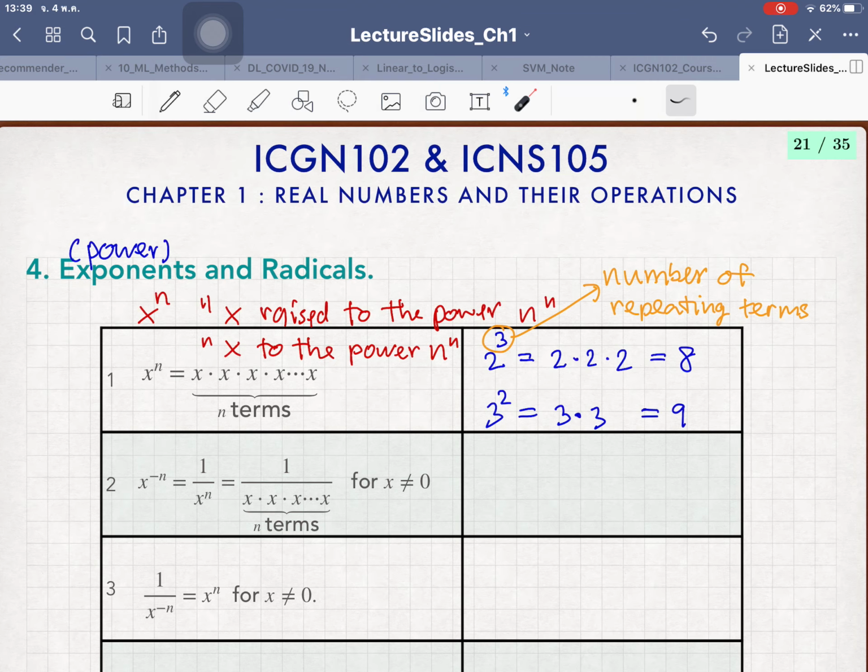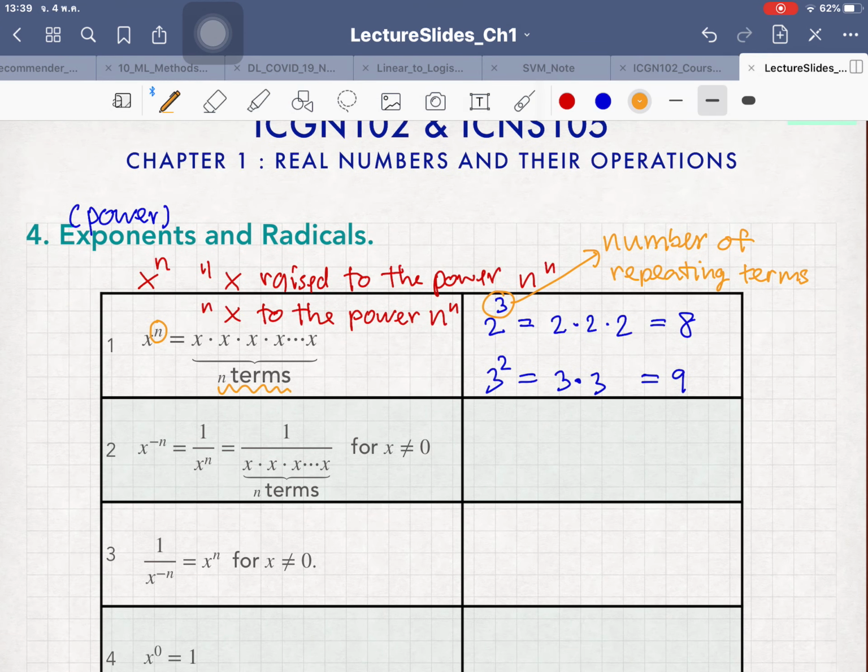So in general, if you have x to the power n, it means that you're going to have n terms of x. So x will be repeated n times. And then you're going to multiply all of them together.